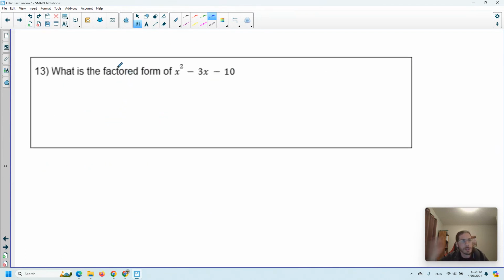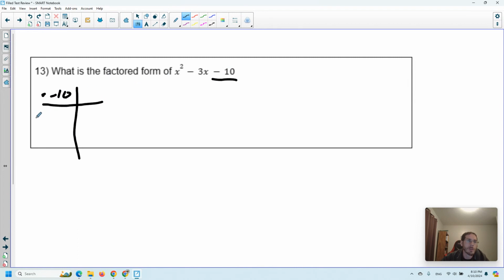All right, for 13, we got to get the factored form of x squared minus 3x minus 10. Now, again, we know a few different ways that we could solve this one if we wanted to. If you want to use the chart, most people who are just going pencil and paper were using the chart, so I'm just going to go ahead and do that. Negative 10's over here at the end, so we want to multiply to negative 10.